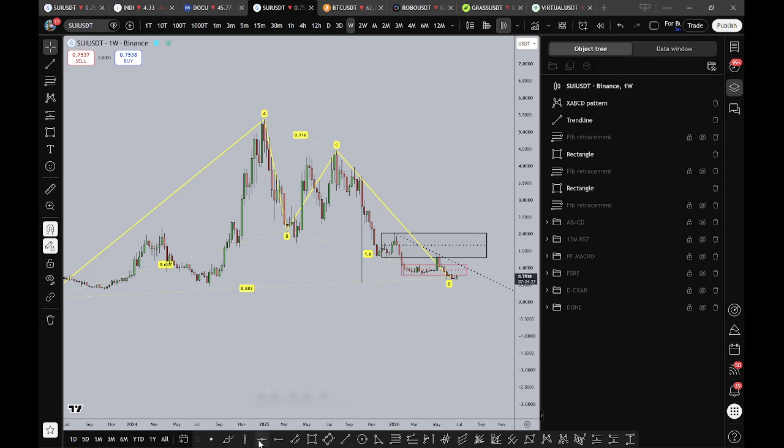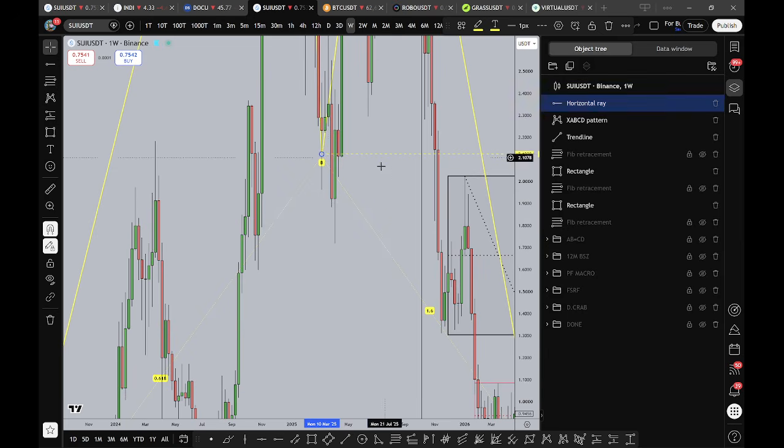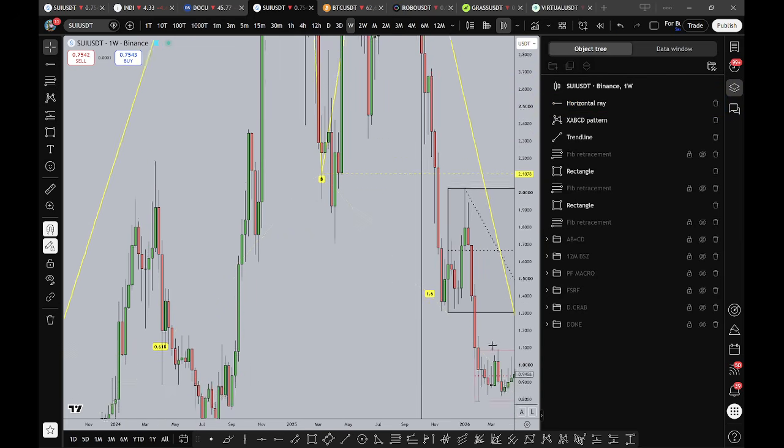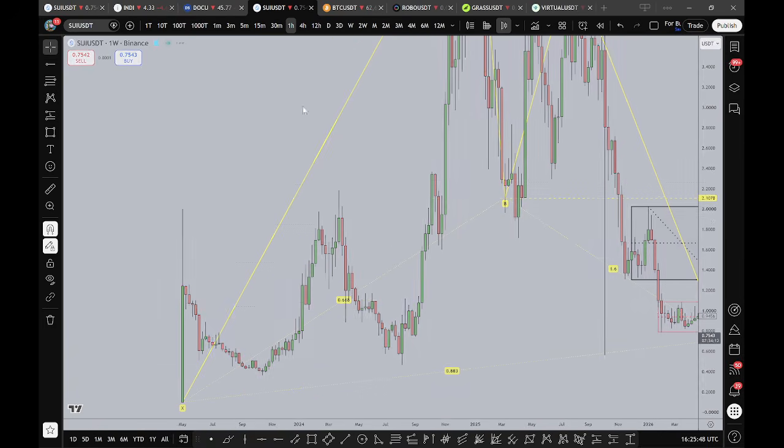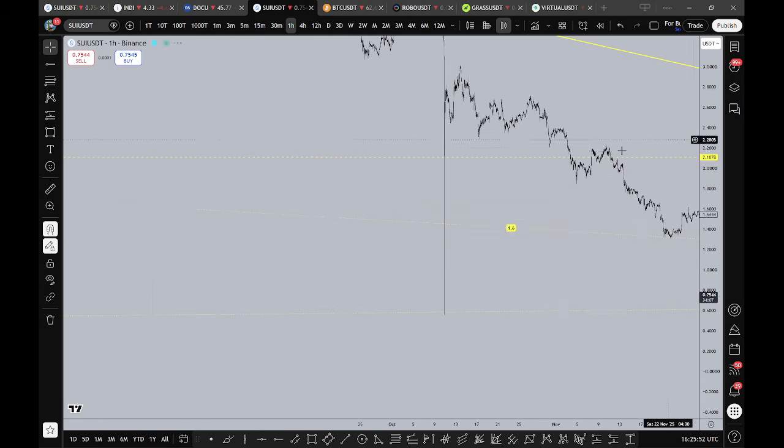But what I'm going to do is just chuck this around that 618. It's somewhere over here. And we're simply going to see, was this level respected as support and resistance? Now, what kind of price action did we get every time we went there?